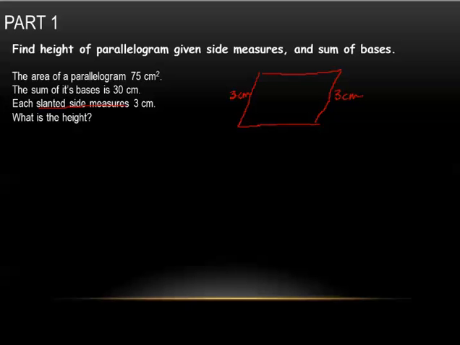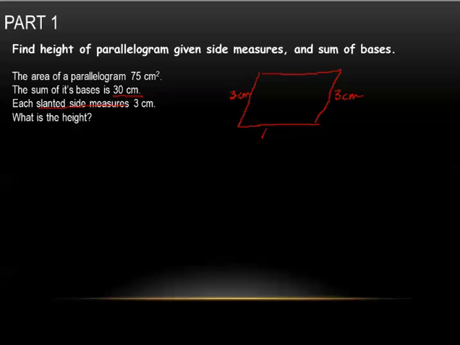Now then, it says, I remember I told you for Part 2 you're going to have to remember the properties of a parallelogram, but it's not going to hurt you to know that information for this problem as well. It says the sum of the bases is 30 centimeters. So can someone tell me what the measure of the bases are? If the sum of the bases is 30, that's right for Daz.